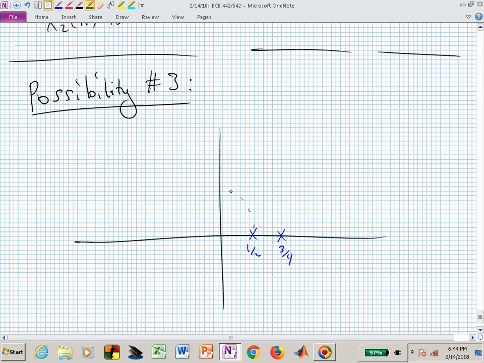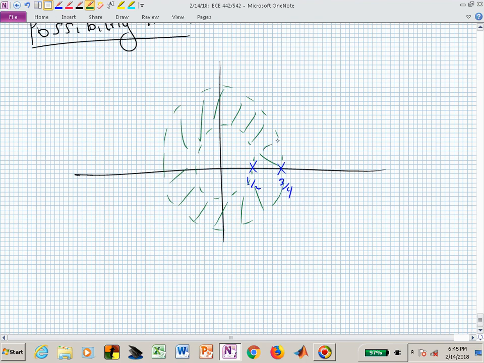And now our region of convergence is a donut, or annular. What do we know now about x of n?